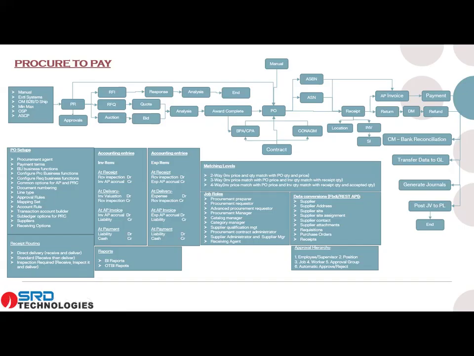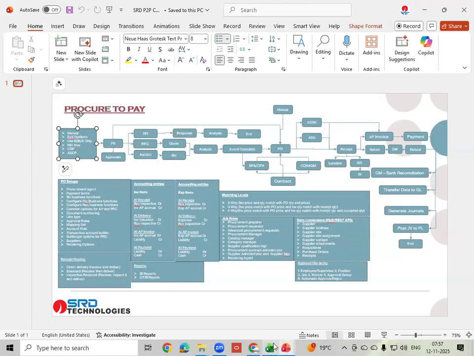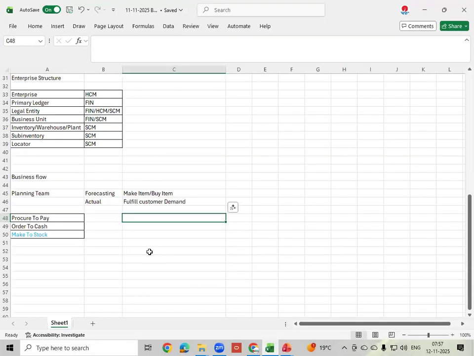Okay, the work order will be created from ASCP in manufacturing.